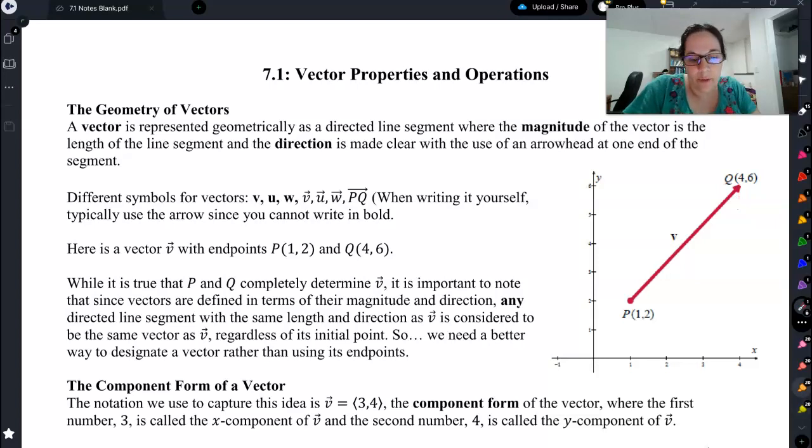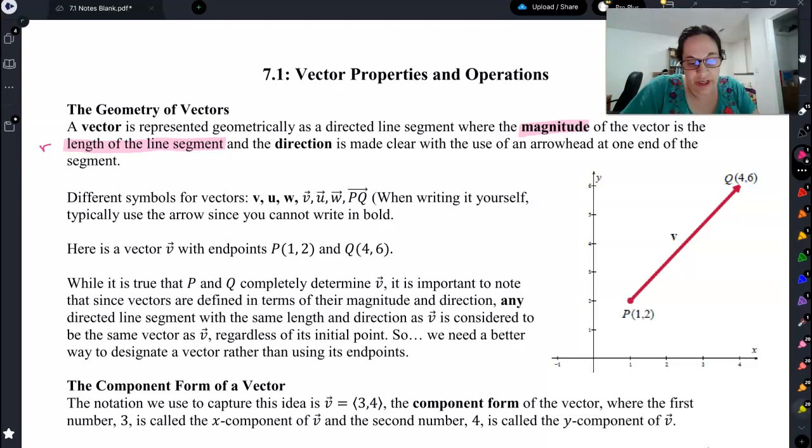Now, a couple vocab words. The magnitude of the vector is the length of the line segment. This should be nothing new. The length of the line segment, the magnitude, is essentially the r, the radius, the thing you've been calculating for months now.